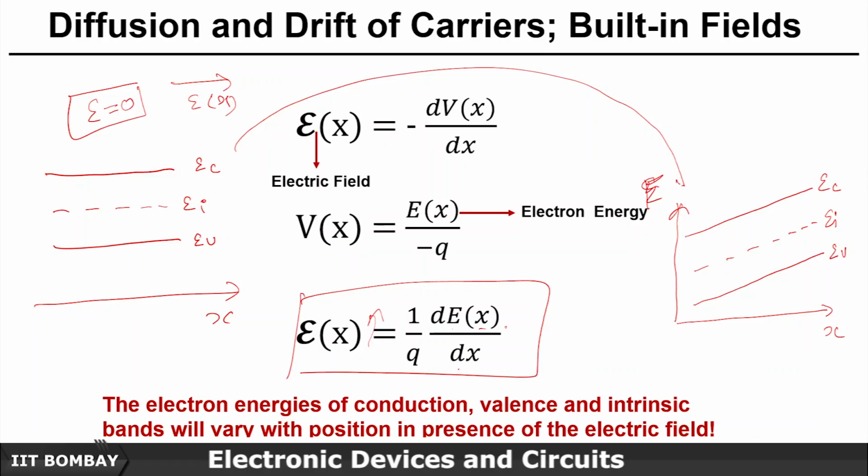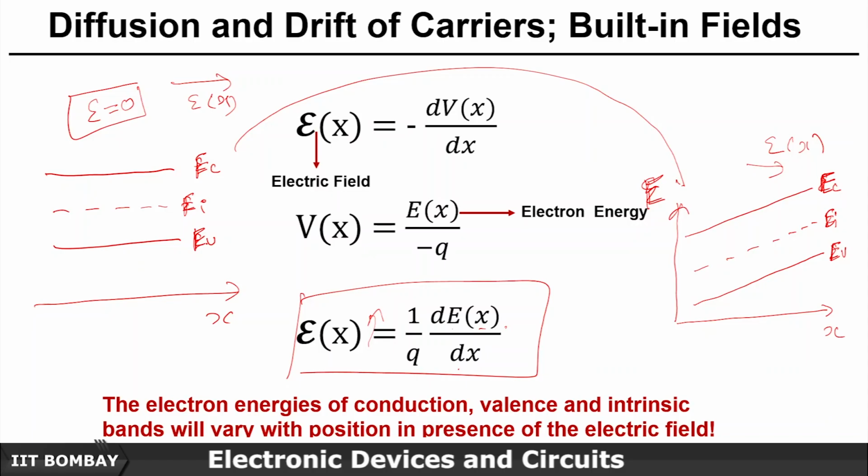Electron energy E, and this is my applied electric field. Do not get confused, this is capital E for electron energy, this is the applied electric field, and again this is capital E.